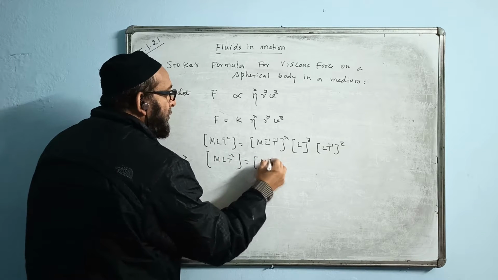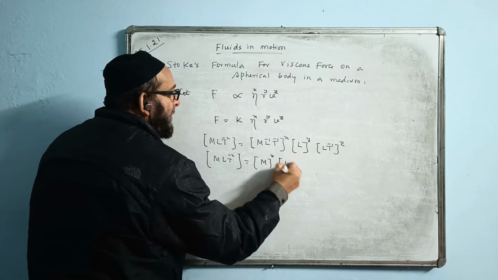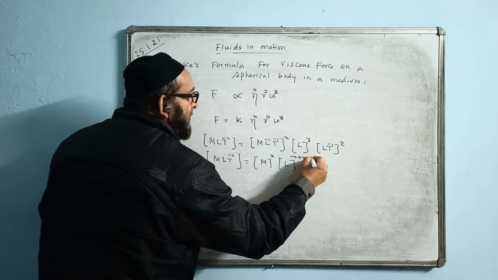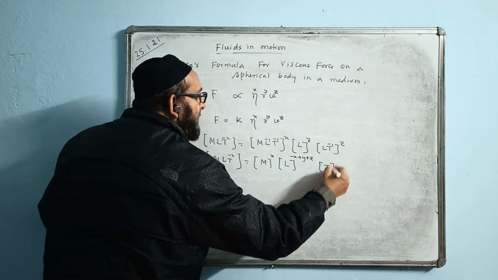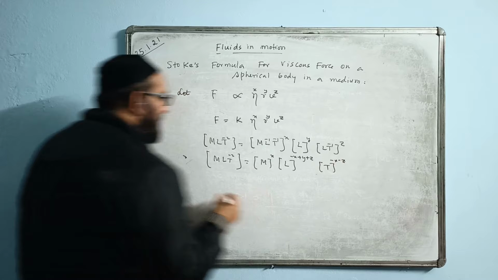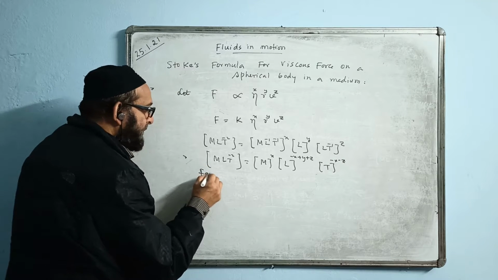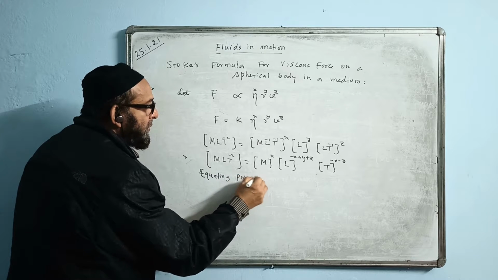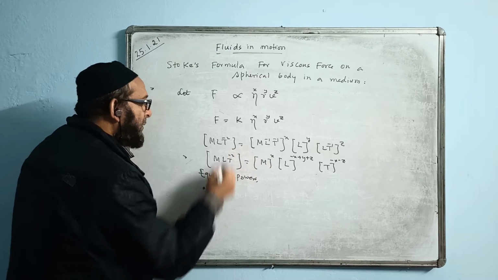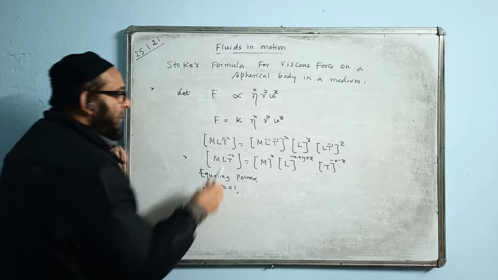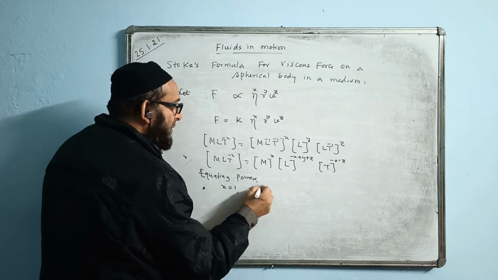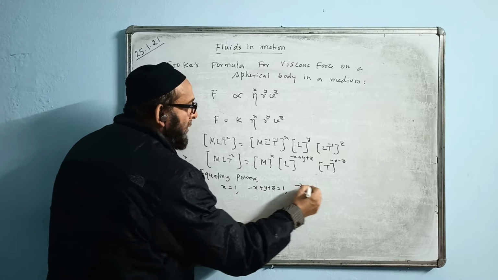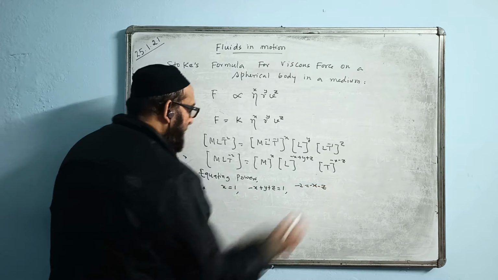Putting it together, the power of M is x, the power of L is minus x plus y plus z, and the power of T is minus x minus z. Now equating powers, the value of x becomes 1. Then 1 is equal to minus x plus y plus z, and minus 2 is equal to minus x minus z.